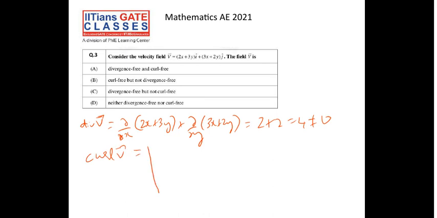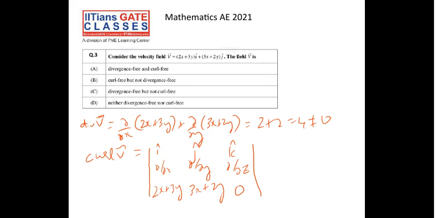Next, curl of V. Use the standard formula. i dou by dou x, and the x component is 2x plus 3y, j dou by dou y, the y component is 3x plus 2y, and k dou by dou z, the k component is 0. So this will come to i cap.